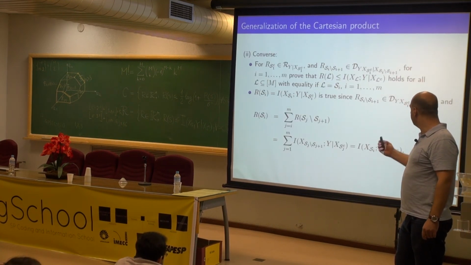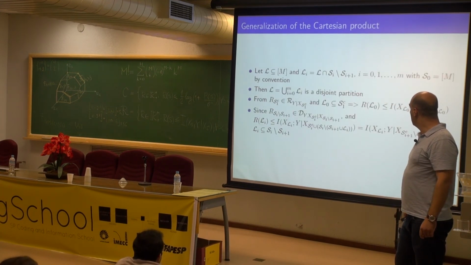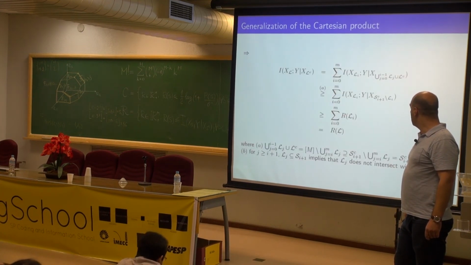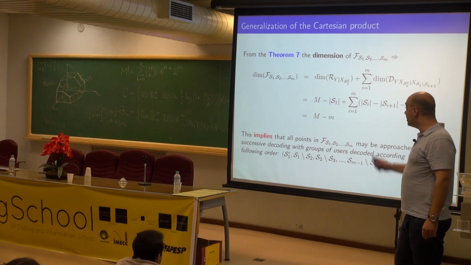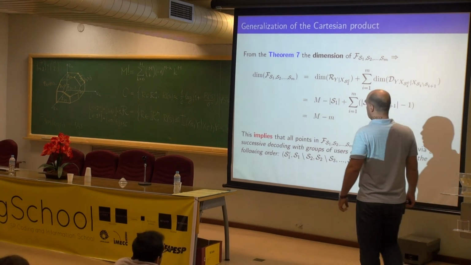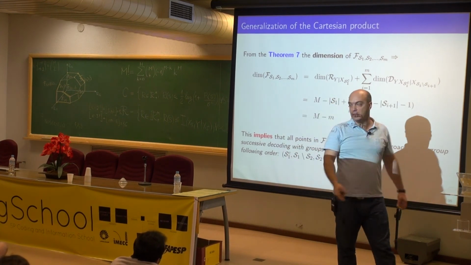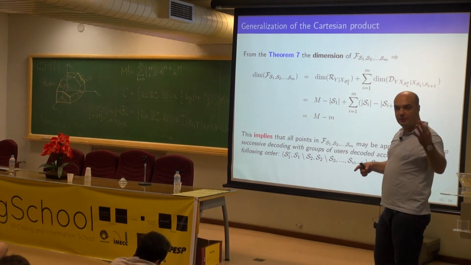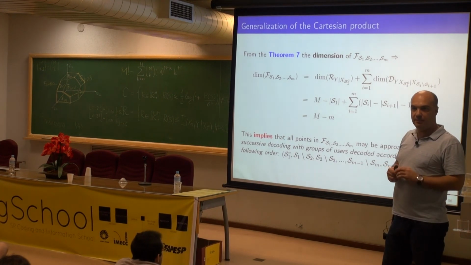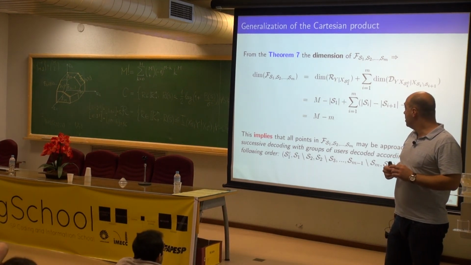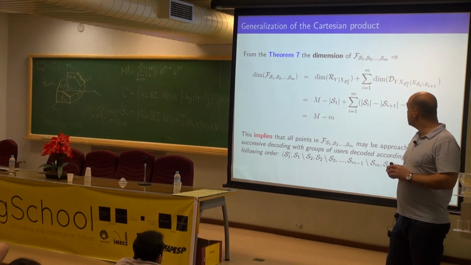There is a converse, which is even easier. What I want to see is the dimension. This is interesting. The dimension of such a face, we discussed it before. It's m minus lowercase m. We don't have back faces here.